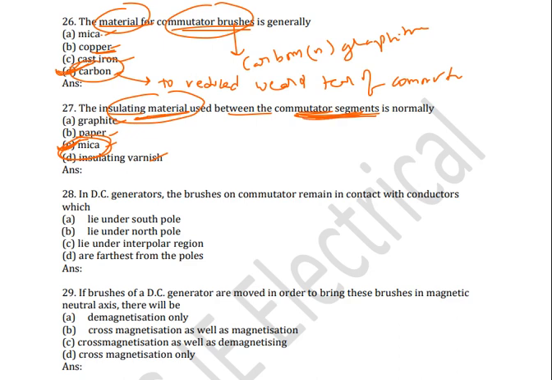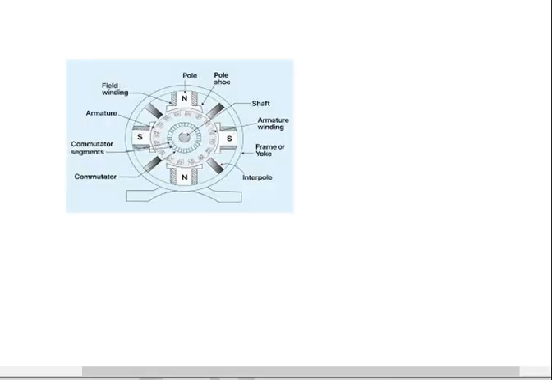Next question. In DC generators, the brushes on the commutator remain in contact with conductors which lie under the south pole, under the north pole, under the interpole region, or farther from the poles. The correct answer is C, the interpole region.